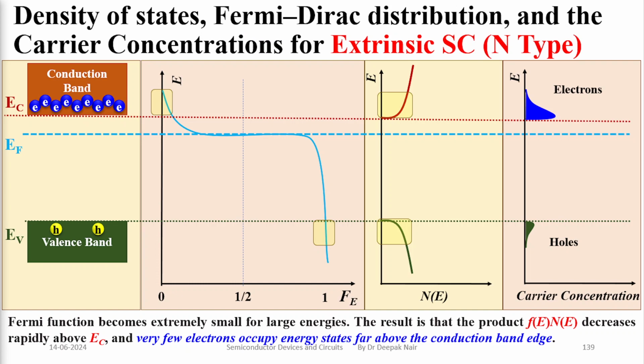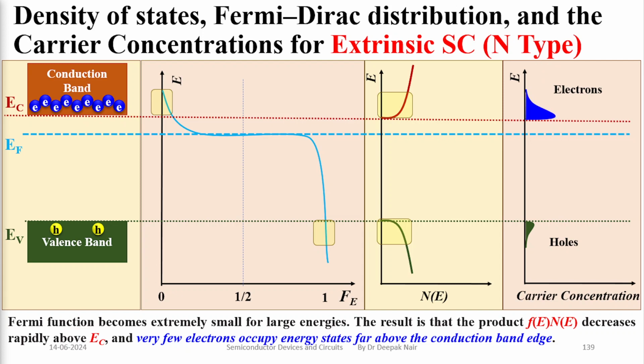So that means the Fermi function becomes extremely small for large energies. So if you keep on going upward for larger energies, the Fermi function becomes extremely small. This is true from the distribution that we have seen for the electrons in the curve.